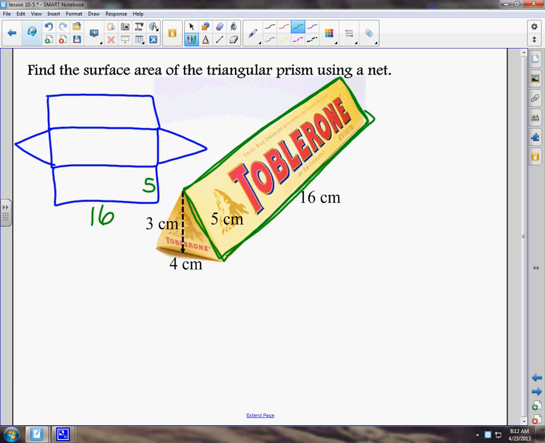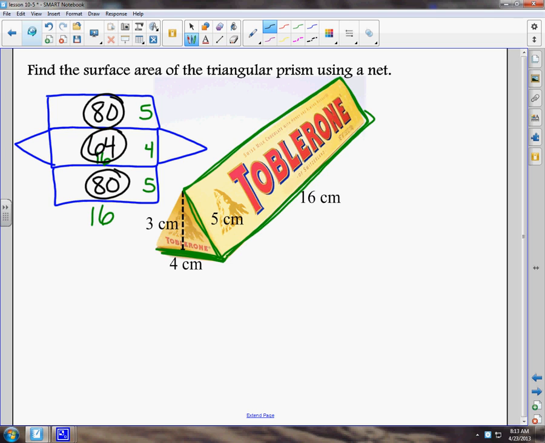The bottom one is 16 by 4, because that one changes, and then the side one is 16 by 5. So I can find all of those areas. 16 times 5 is 80, so that's that one. 16 times 4 is 64, and then 16 times 5 is 80.